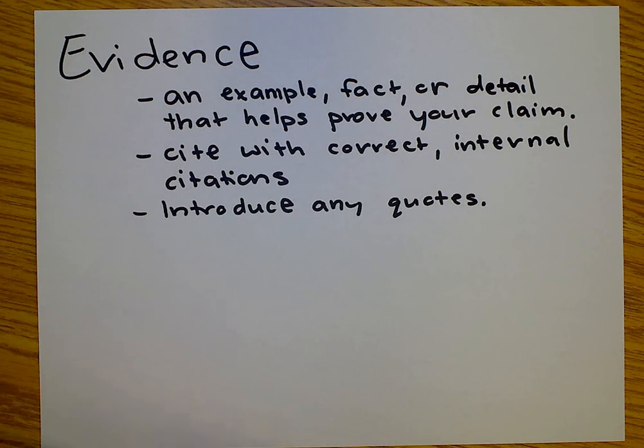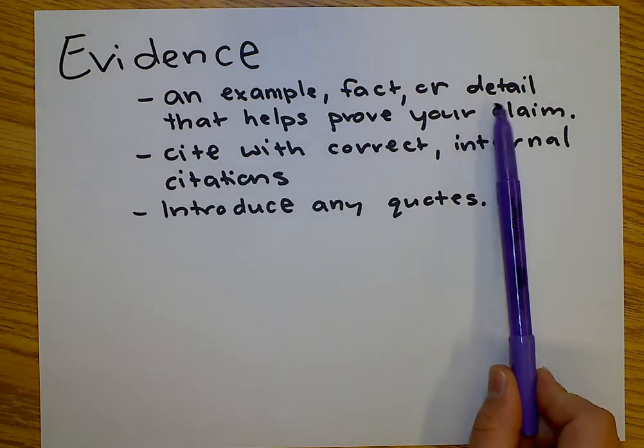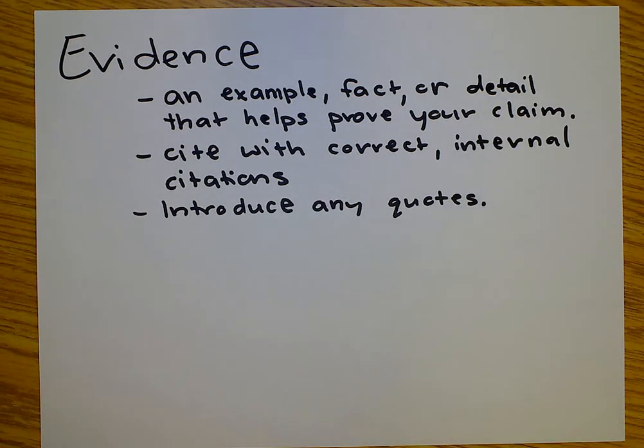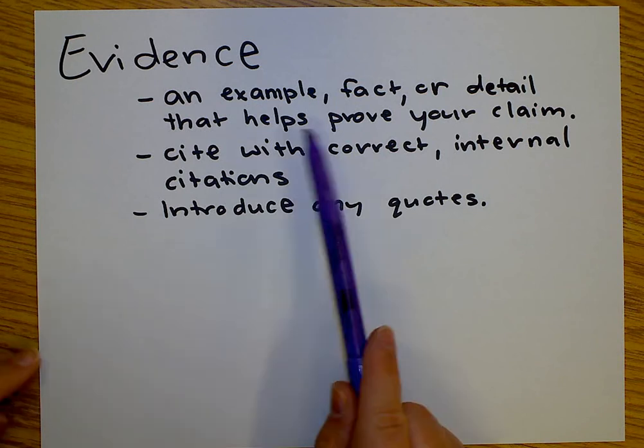Could be facts. In a research paper, you would give facts to prove your point. It could be details. It could be examples from the book if your paper is about a book that you're reading. Whatever it is, the whole purpose of your evidence is to help prove your claim.